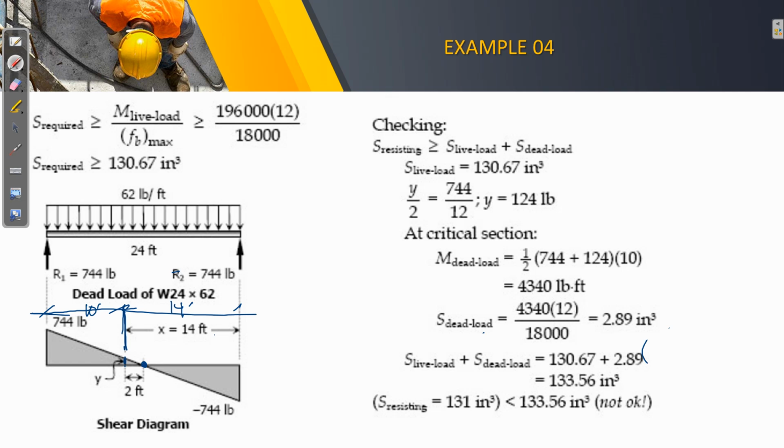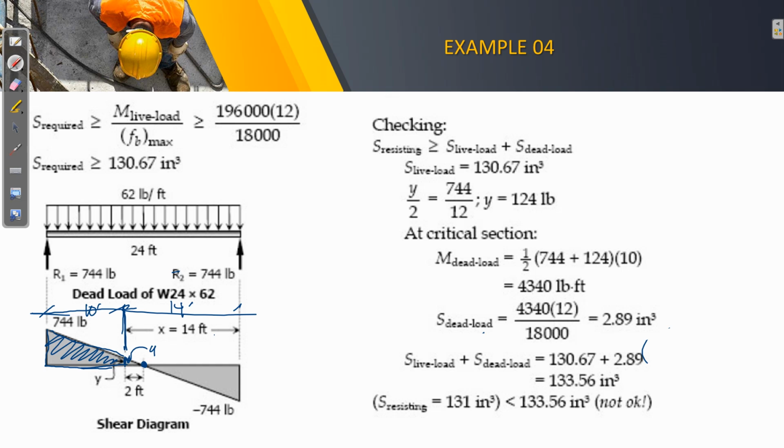So we'll be having a trapezoidal area here. Of course, we need to get this height y. So y could be computed by similar triangles of this triangular section.